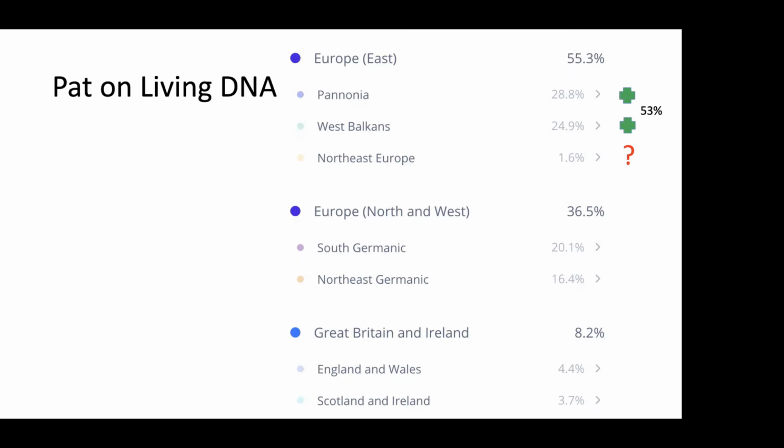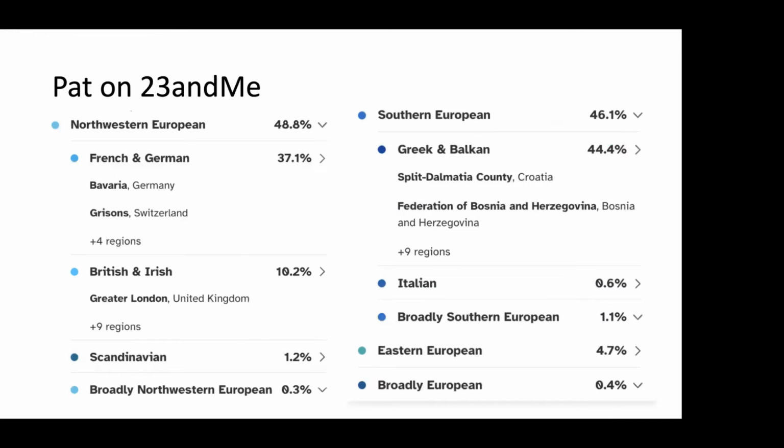They also have a region called Pannonia that touches northern Croatia, for a total of 53%. The 1.6% is the region they call Northeast Europe. It is nowhere near any of Pat's known ancestry, but it does include the Baltic region reported in Family Finder and Ancestry. That ancestry could be from a branch we have not yet identified.